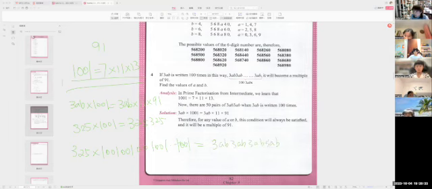Get it, everybody? Okay, so there are altogether 99 of 1001.